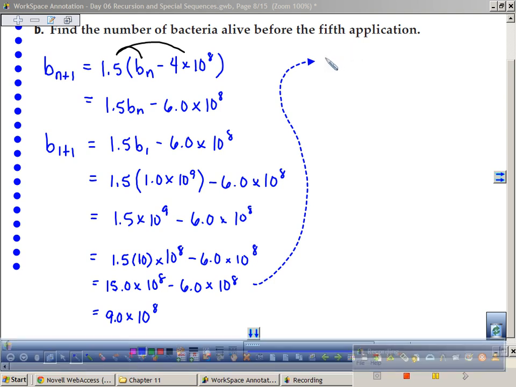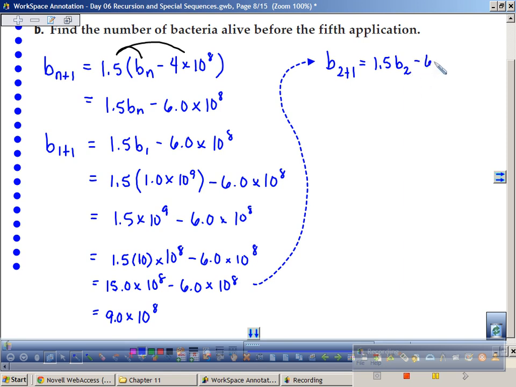All right, what do we want to find now? The third one. So what am I going to use? Oh, wait a minute. That was one. B to the 2 plus 1 equals what? 1.5 times B to the 2, right?